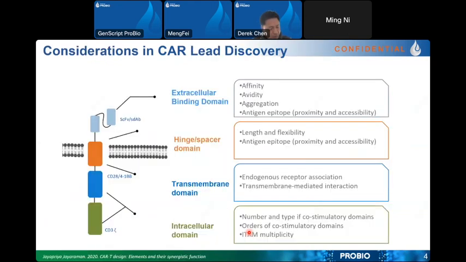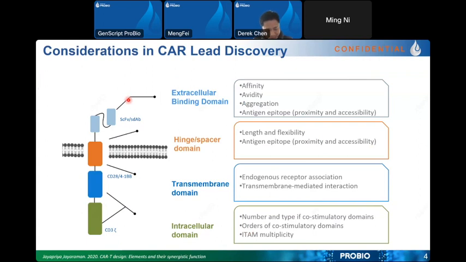A typical CAR T design includes four domains. The extracellular binding domain delivers the target specificity through the binding between the antibody and the tumor-associated antigens, aka TAA.